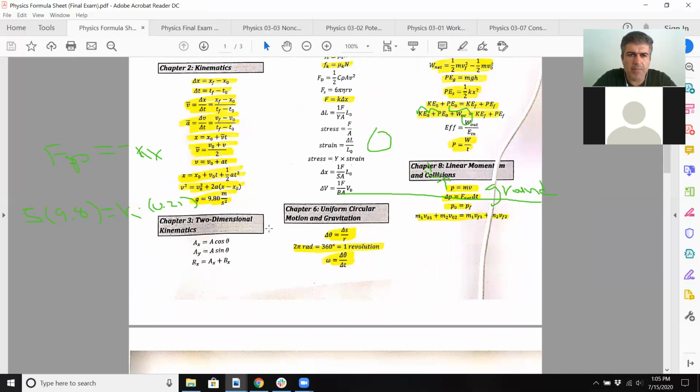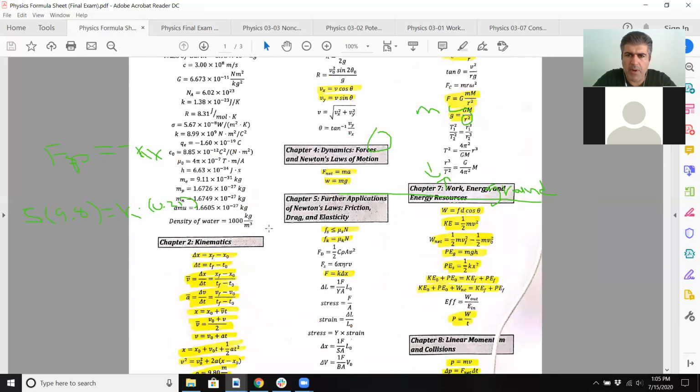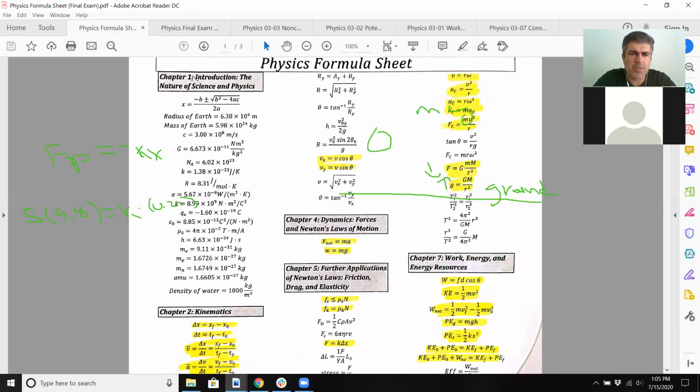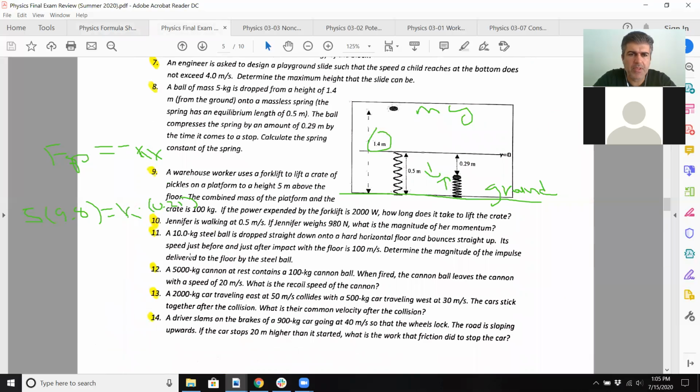I mean, there is an energy associated with springs, which is 1/2 kx squared. I wonder if that's what's happening with that one. Let's take a look at it really quickly.